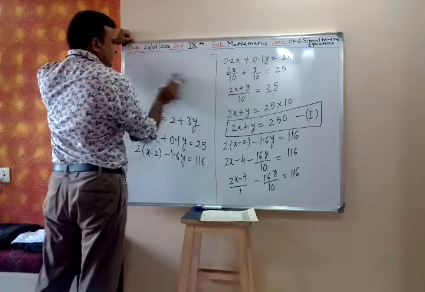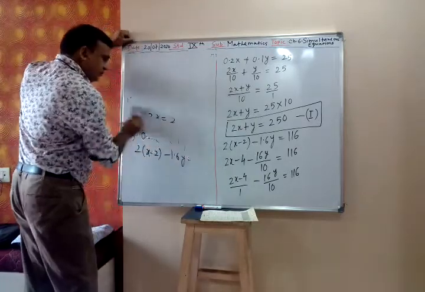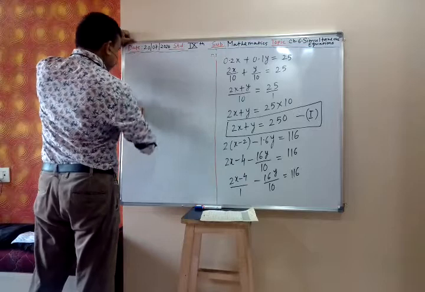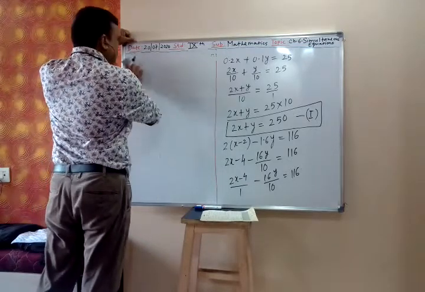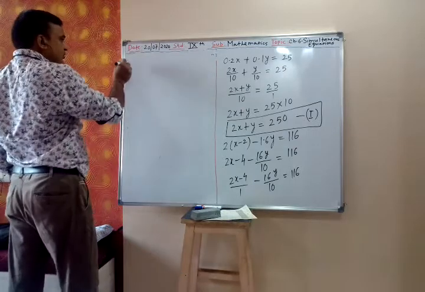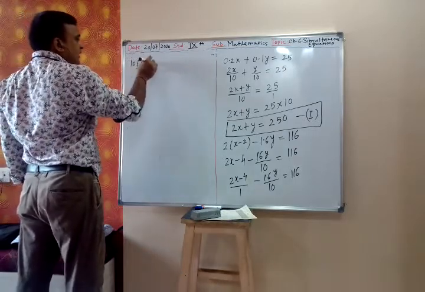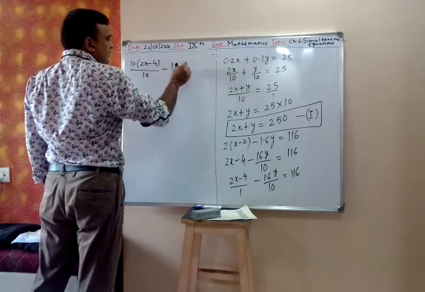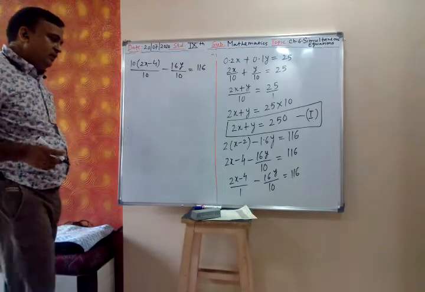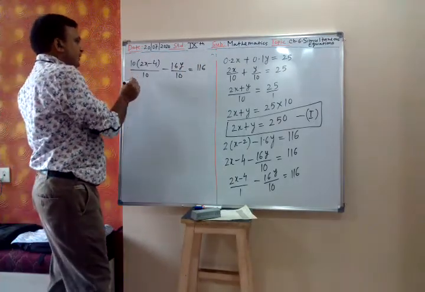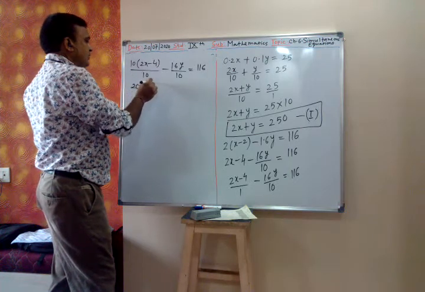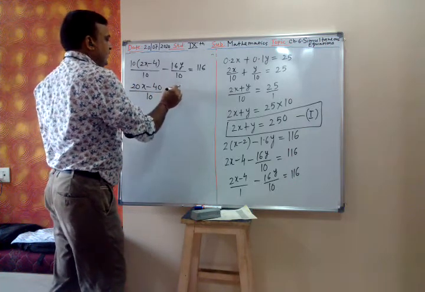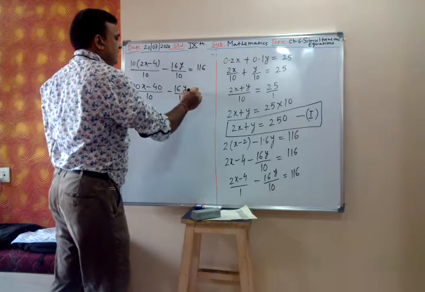So 2x minus 4 we multiply by 10. So you will get 10 into 2x minus 4 upon 10 minus 16y upon 10 is equal to 116. So 10 into 2x, 20x minus 40, upon 10, minus 16y upon 10 is equal to 116.